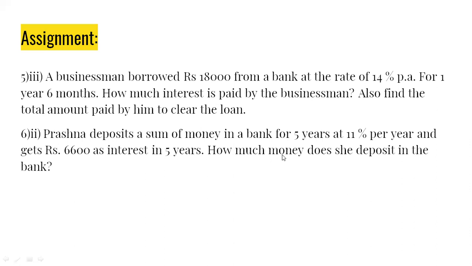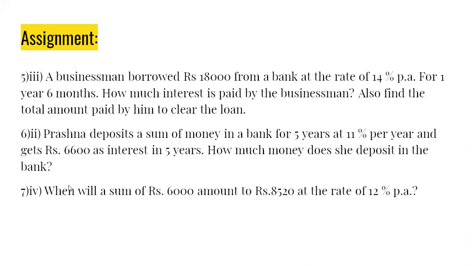How much money does she deposit in the bank? This is the interest, and this is 5 years time, and 11% per annum is the rate. Then we have to find out the principal here. Deposit money is known as principal. We have to find principal in number 6.